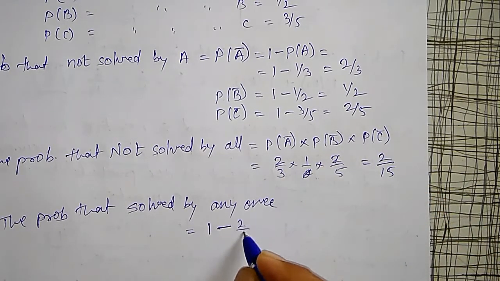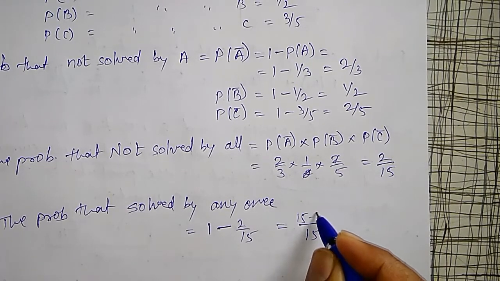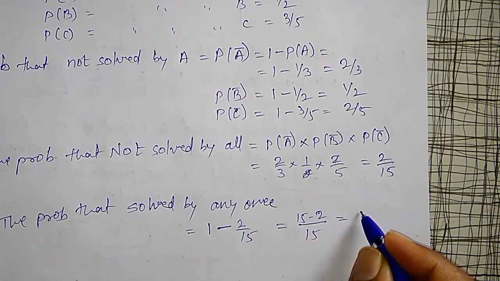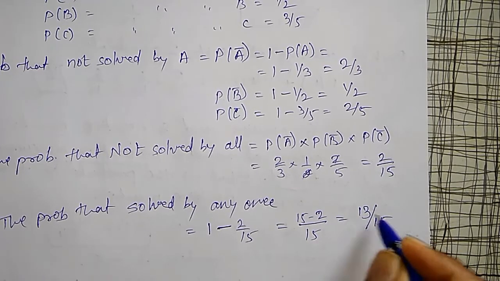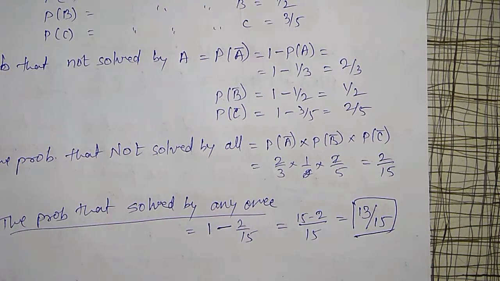Okay, that is 2 by 15, which is equal to, 15 is the LCM, 15 minus 2, which is equal to 13 divided by 15 is my required answer. Probability that it is solved by anyone is equal to 13 by 15.